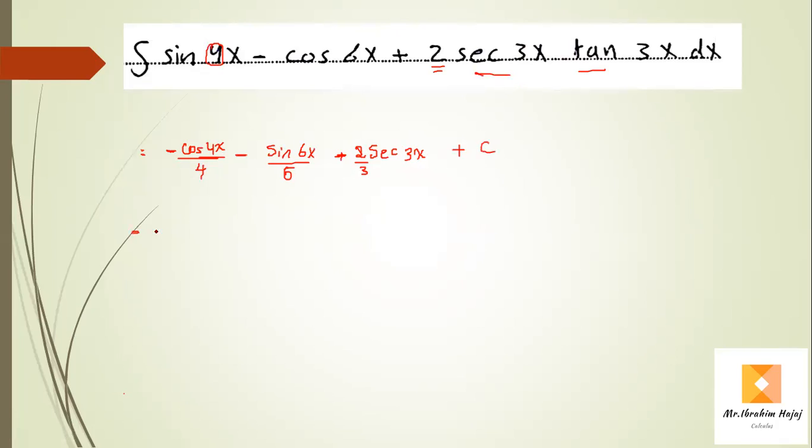The final answer is negative 1 over 4 cosine 4x, minus 1 over 6 sine 6x, plus 2 over 3 secant 3x, plus c. Thank you, Omar.